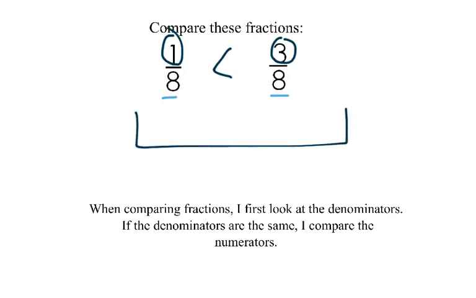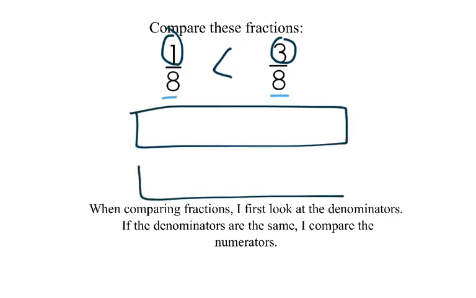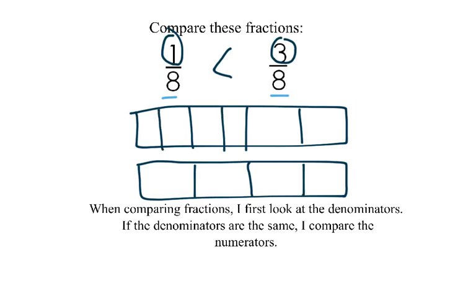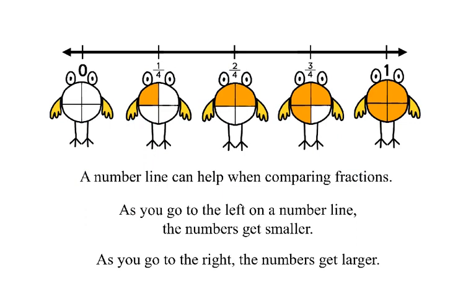If I draw a picture, which I am doing, I can shade in 1/8 here, and I can shade in 3/8 here, and I see 3/8 is a lot bigger than 1/8. All right, let's keep on going.